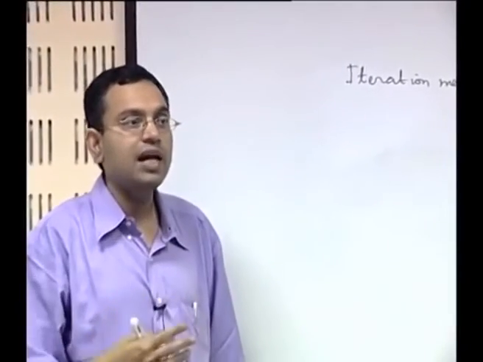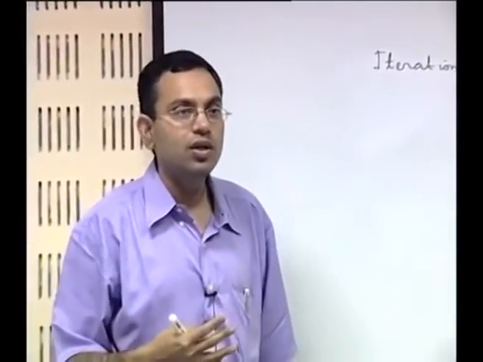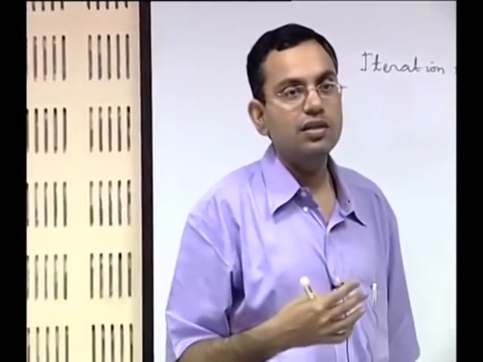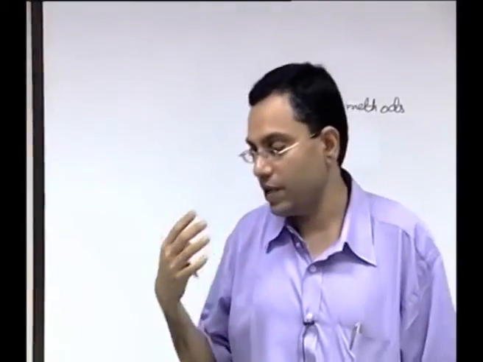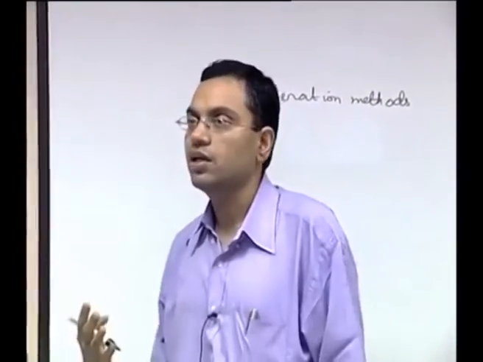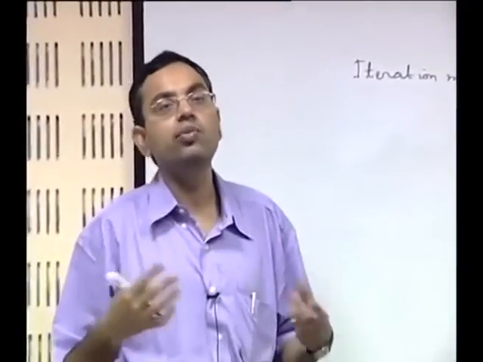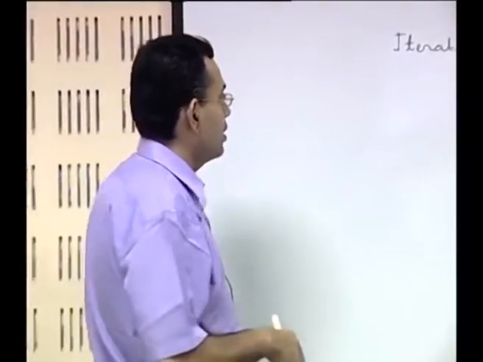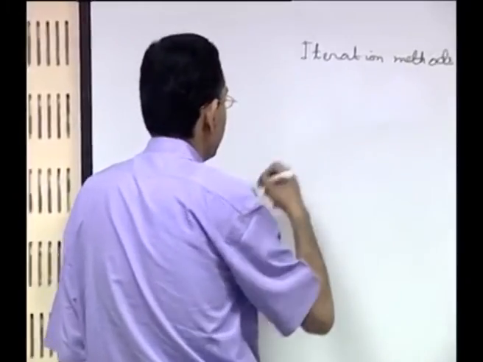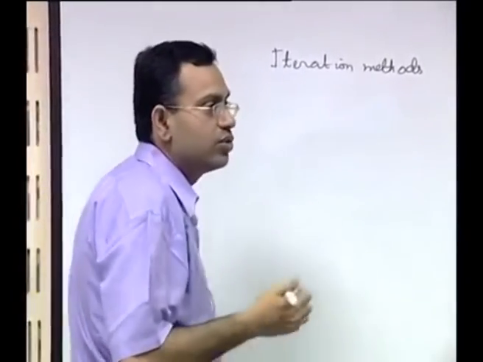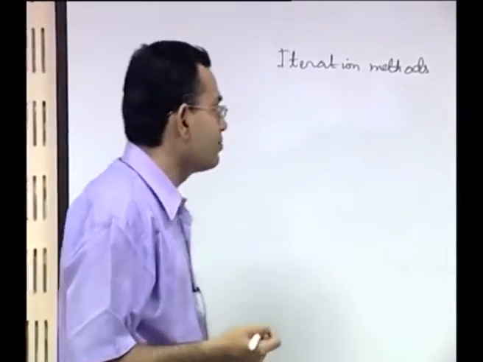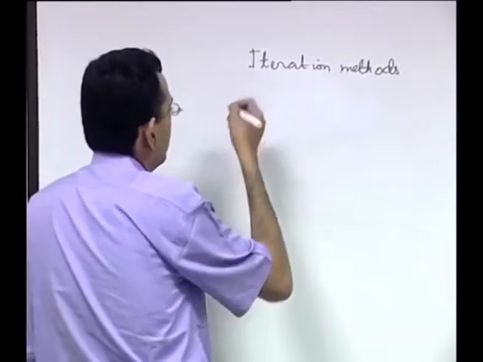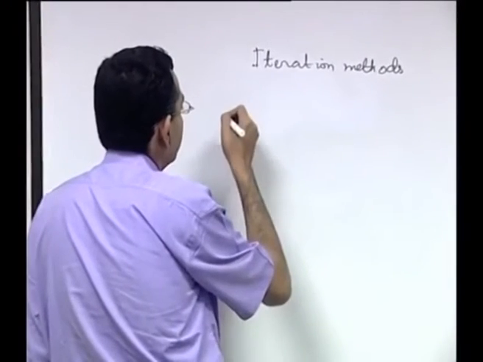So you expect that the final solution will converge. We will see whether the method itself guarantees convergence or there are certain conditions that need to be fulfilled. We will go into that subsequently, but let us try to understand the iteration methods through some examples. Let us say that you have the system of equations.